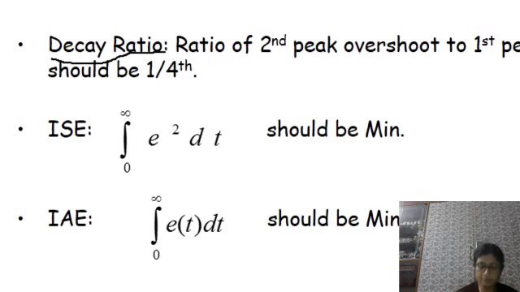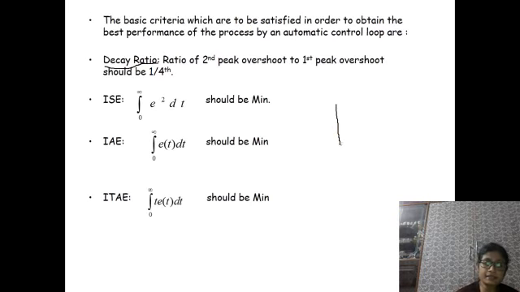1/4. Normally the response characteristic is like this: say if this is the set value, and this is the maximum response point, then the response goes through some overshoot and undershoot, and after certain oscillations it reaches the steady state value.